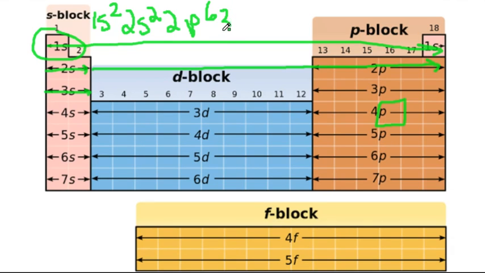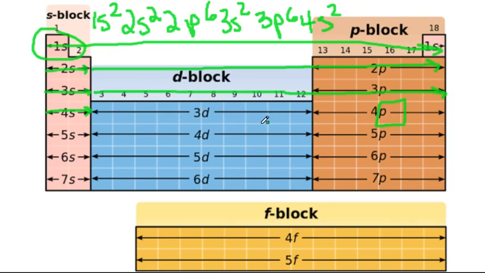So we get 3s2, and we keep going. We enter the 3p, and we pass all the way through the 3p. So that's 3p6. After 3p, we enter 4s. We need to pass all the way through it for 4s2.